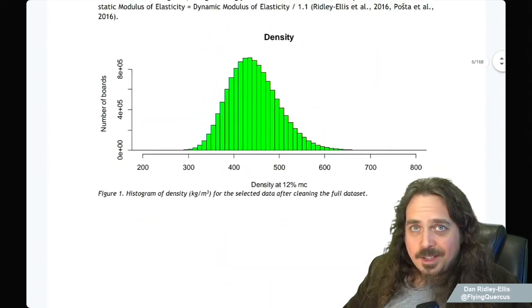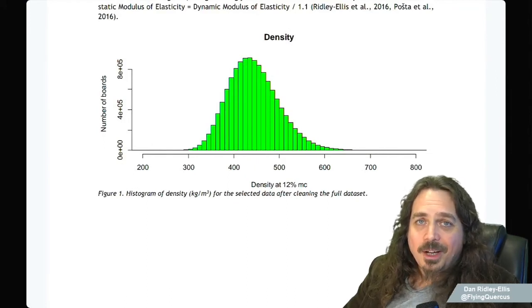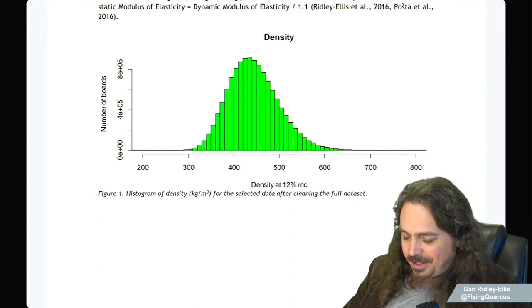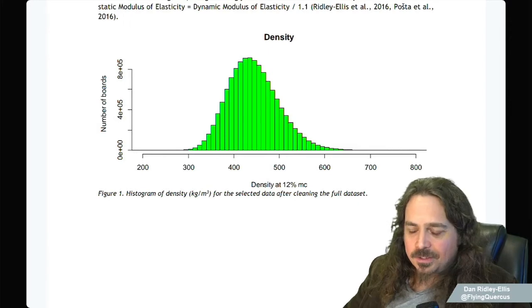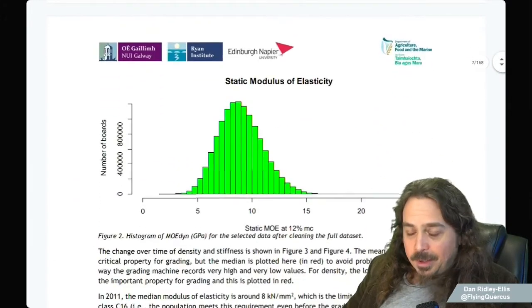And the density, by the way, is pretty much where we expected it to be from our research. So that's good news. It means we were doing the right kind of work. So the density measurements, although the shape of the distribution is a bit surprising, the actual values of density are more or less where we expected them to be. Same goes for stiffness.